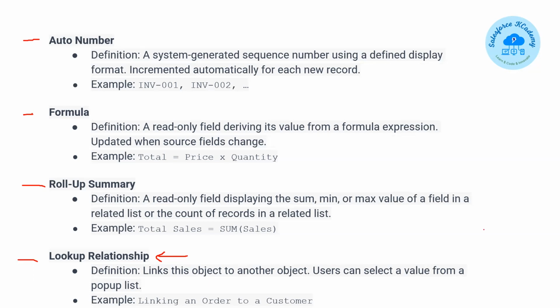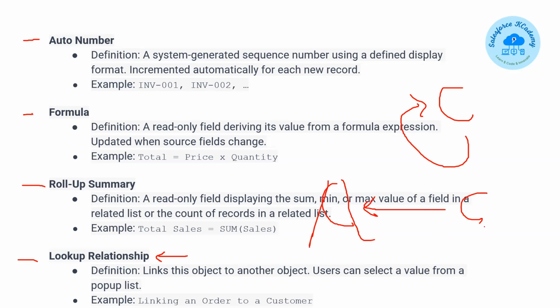That can be from the contact object to the contact object only, or from contact to any other object as well, like the account object or the opportunity object. You can create any kind of relationship between the objects. It may be from the same object, or you can have a lookup relationship between contact and any other object.